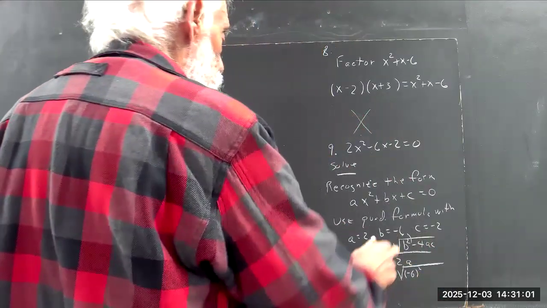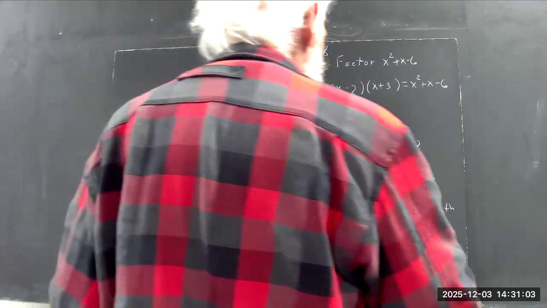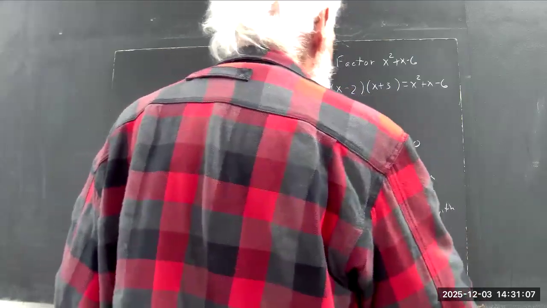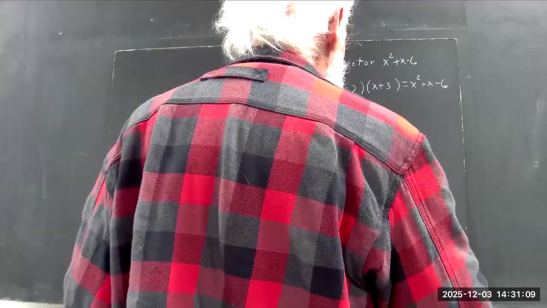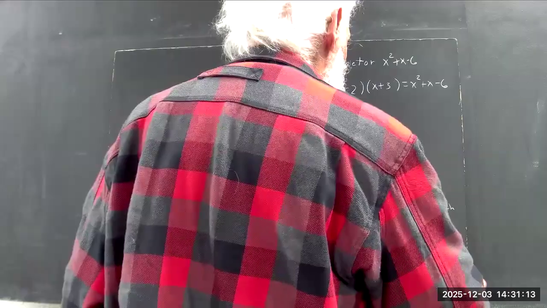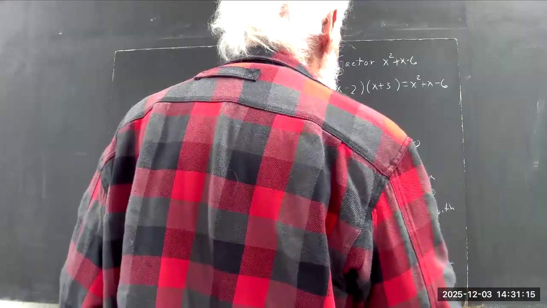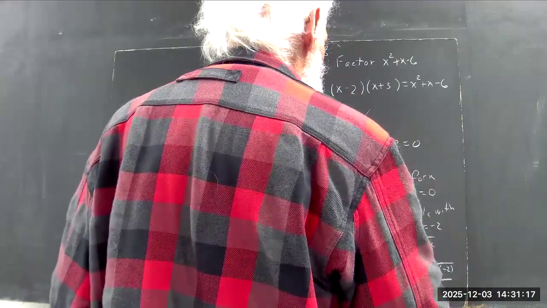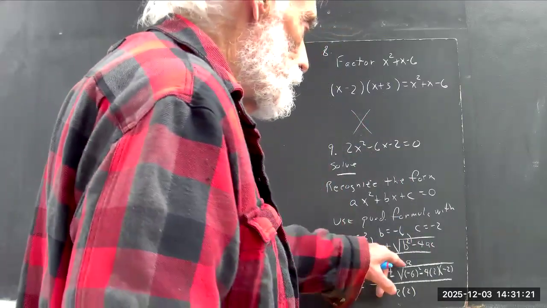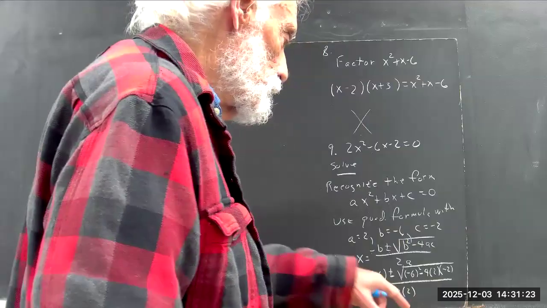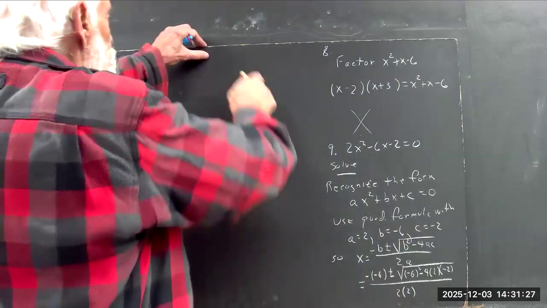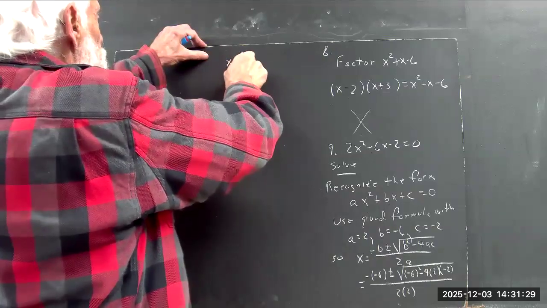That'll be the square of -6 minus 4 times a, which is 2, times c, which is -2. And then it's over 2a. A is 2, so it's 2 times 2. Okay. So let's write it out a little more clearly here.